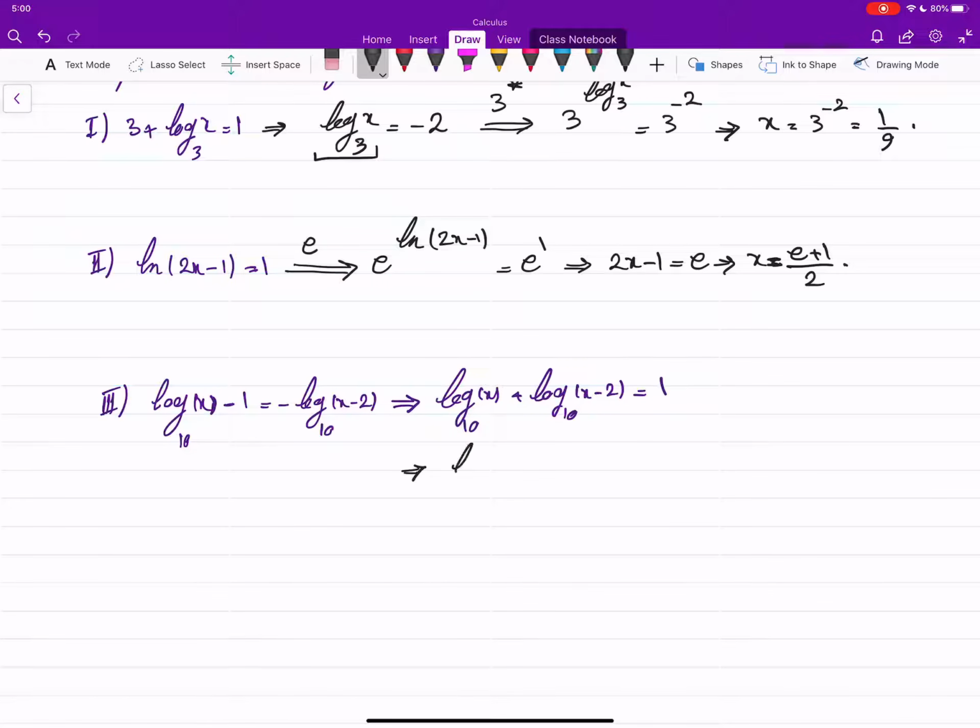So this will be log base 10 of, well, sums of logs turn into log of products. Now we have one side all log, which is log of x squared minus 2x. The other side is a number.